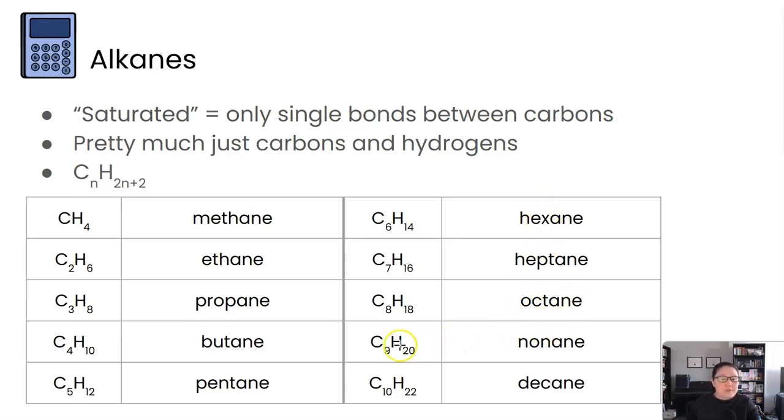Octane, octagon, octopus, octopuses have 8 arms. Nonane. Nano is like 10 to the negative 9. So nanometers is 10 to the negative 9 meters, and so on and so forth. Decane, you've also seen before. Decade, it means 10 years. So that deca refers to 10.